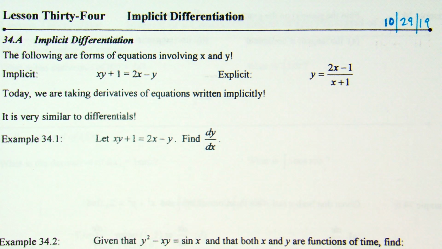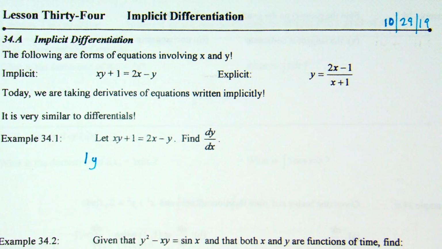Do you guys remember how the product rule works? Take the derivative of the first one, keep the other. So what is the derivative of x? 1. We're going to keep the y, and then we took the derivative of which term? The x term, and so we're going to tag on a dx. And then you add, this time we're going to keep the x.